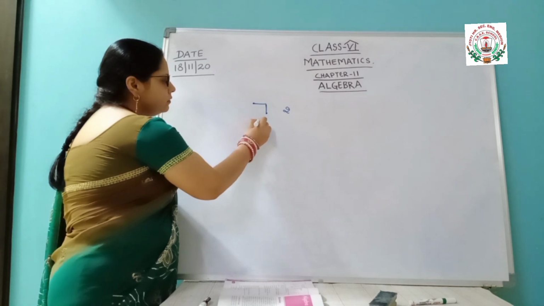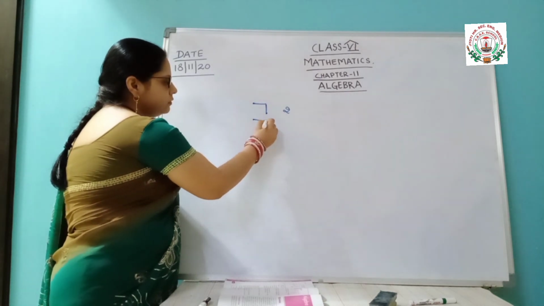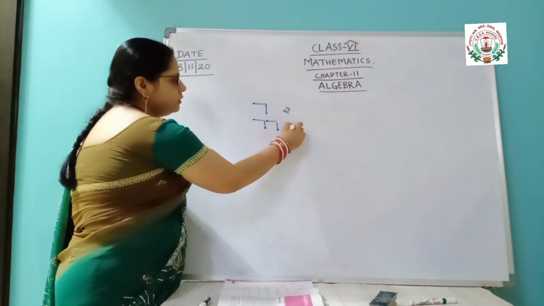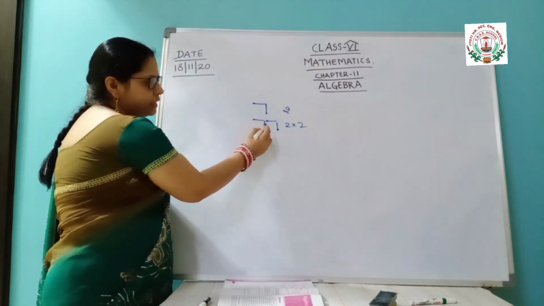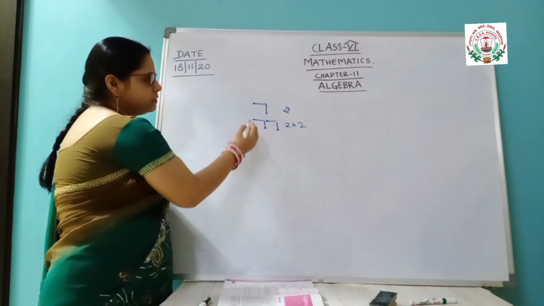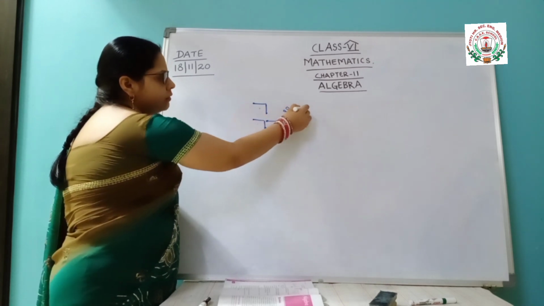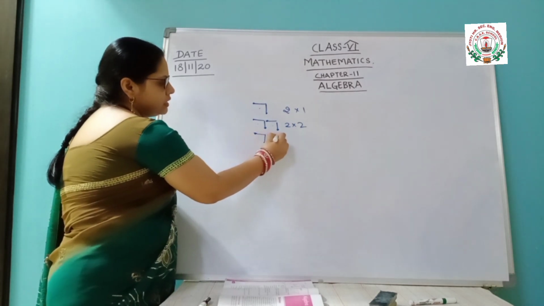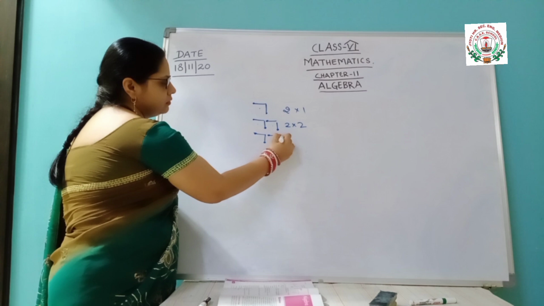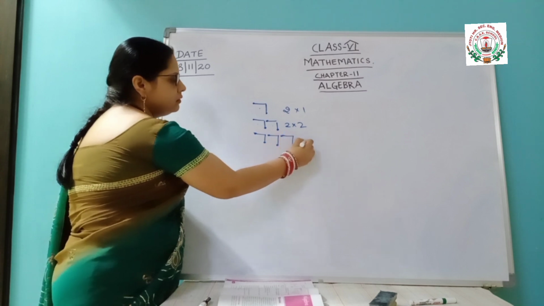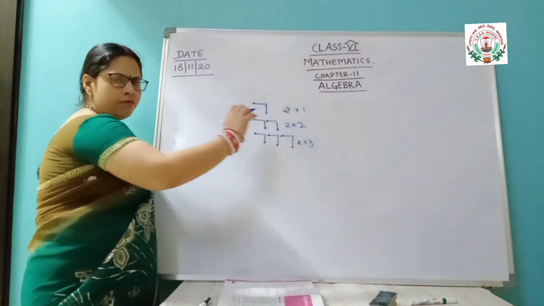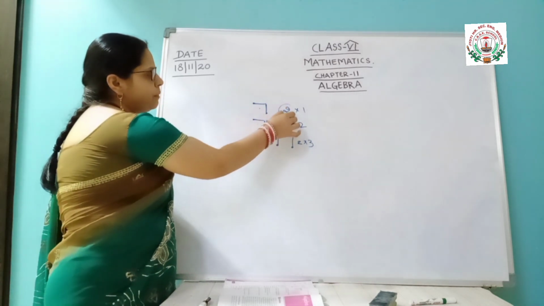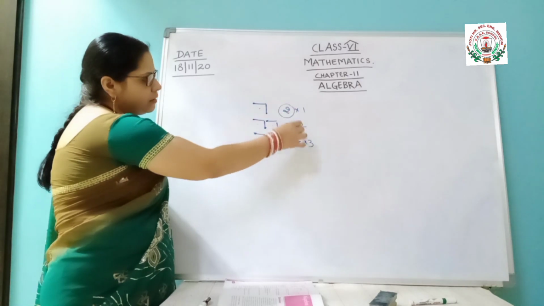Now here, 2 into 2 means the two matchsticks repeated 2 times. This one is repeated only 1 time. Then the same pattern repeated 3 times. So this is the pattern of two matchsticks repeated a number of times.